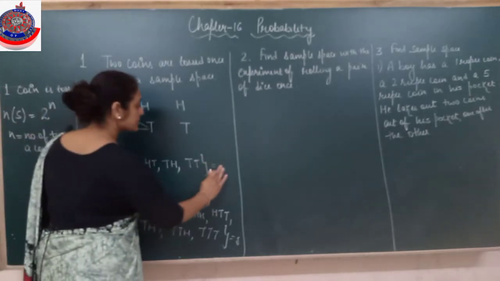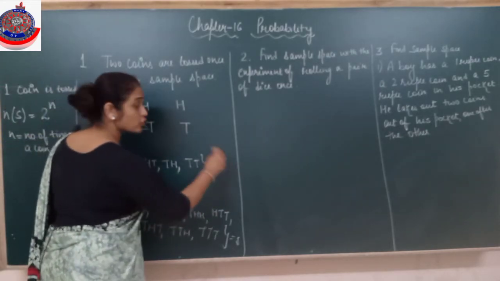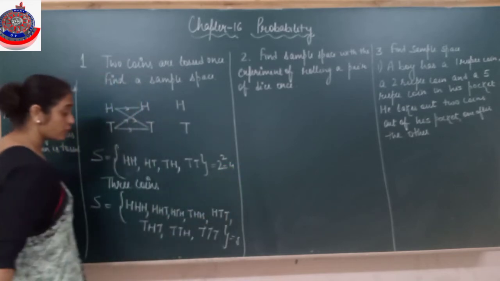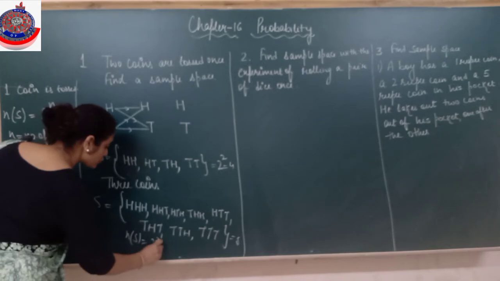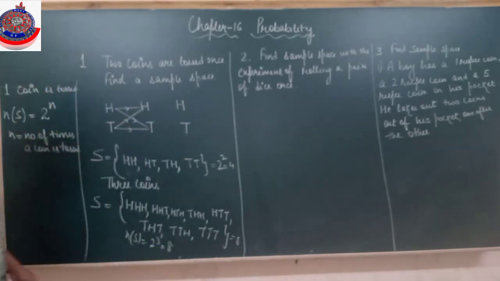जैसे यहाँ पर it is 2 raised to power n. कितनी बार कॉइन को टॉस किया, 2 टाइम्स. So that's why it is 4. यहाँ पर कॉइन को कितनी बार टॉस किया, 3 times. So 2 raised to power 3, it would be 8. Similarly, if you remember, we did it for dice also.